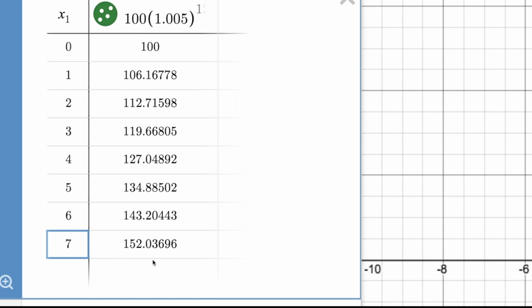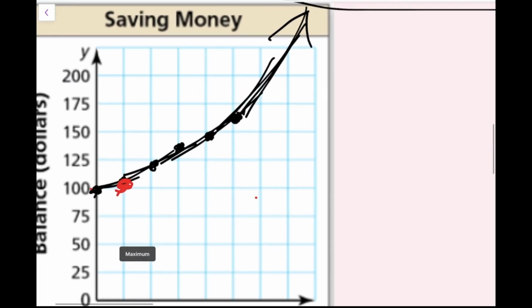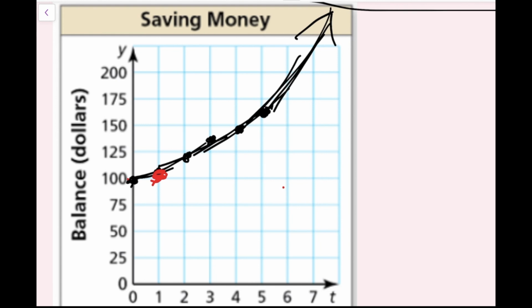So I'm just going to plot those right now. I'll do that in red. So 0, 100, same spot. Then I have 1, 106, just a little lower. I'm going to zoom in on this to make it a little bit more accurate. Then I have 2, 113-ish. It's about halfway there.